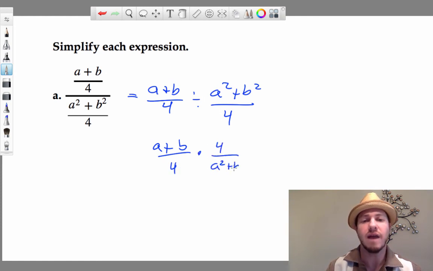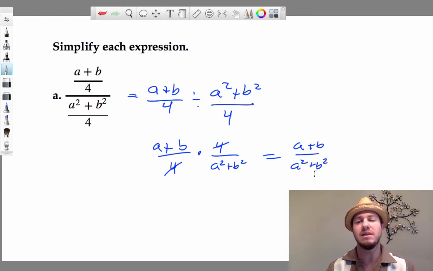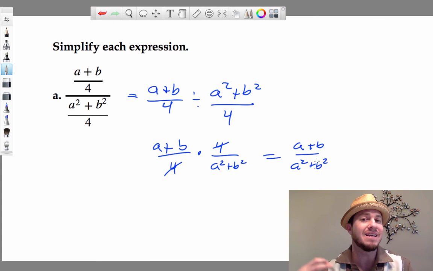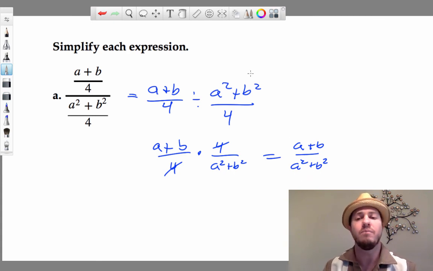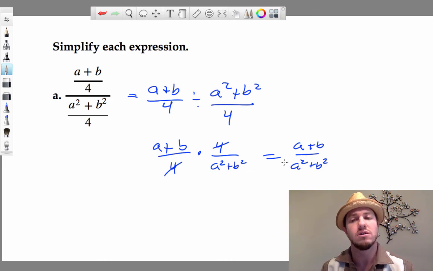Well, nothing can factor here, but the 4's cancel out. I have a plus b over a squared plus b squared. This a squared plus b squared cannot be factored. It's not the difference of squares, and there's not a way you can factor a sum of squares. So this is the simplified form.